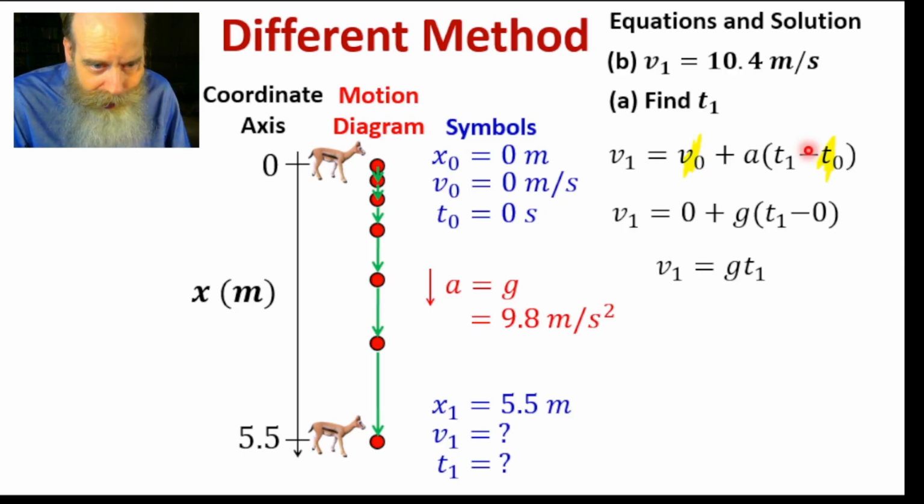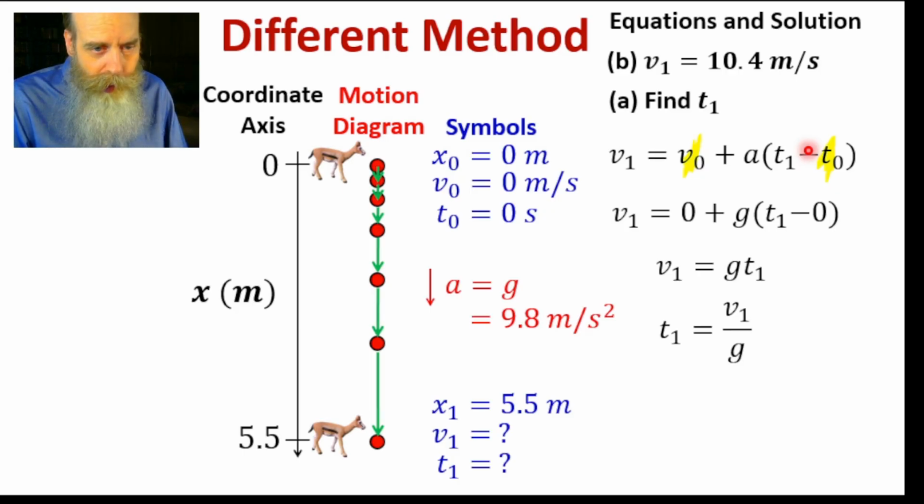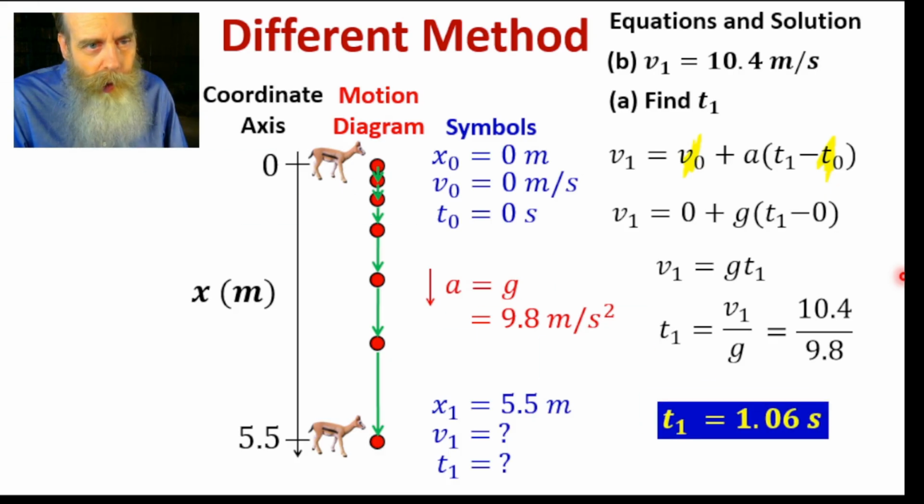Divide by g, and we get t1 is v1 over g. Putting in the numbers, v1 is 10.4, g is 9.8, and we get t1 equals 1.06 seconds. So using our different method, we got the same result for v1 and t1.